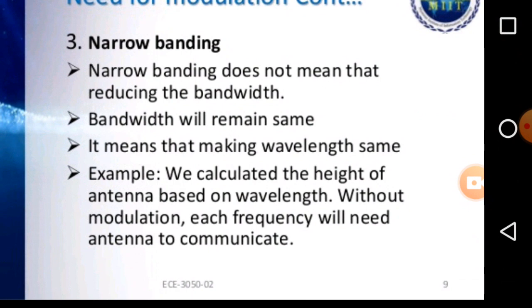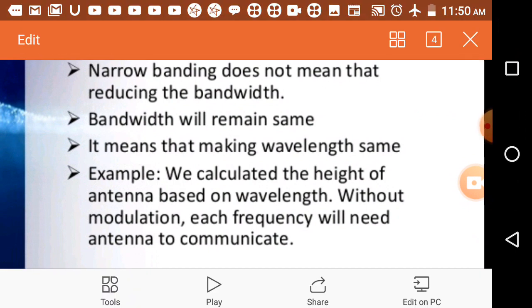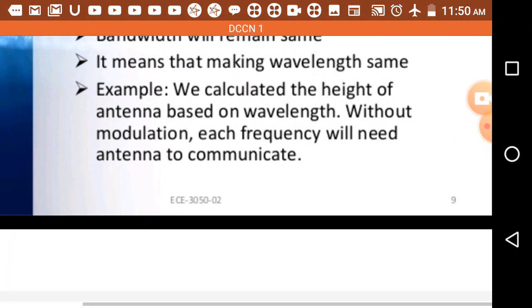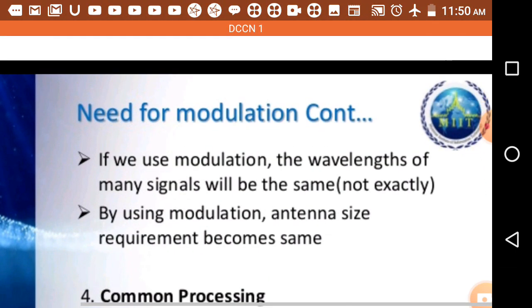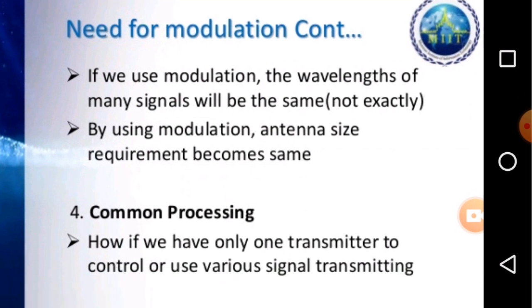Without modulation, each frequency will need its own antenna. If we use modulation, the wavelengths of many signals will be the same. By using modulation, the antenna size requirement becomes the same.